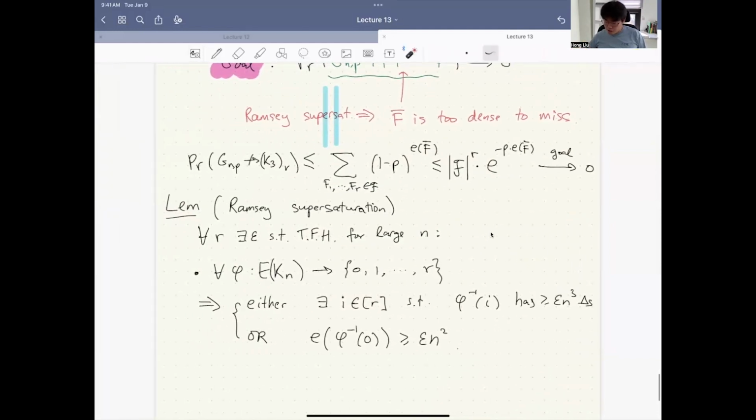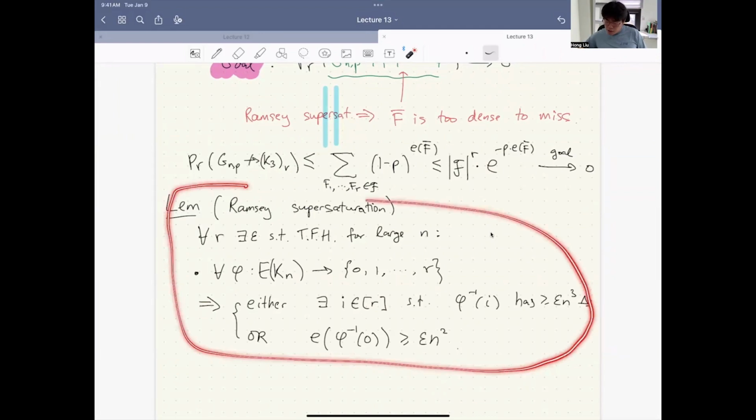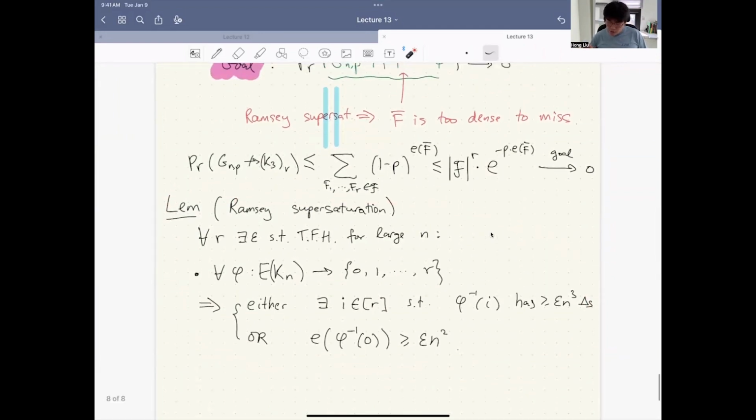What this means is that, now let's try to apply this in our scenario. To apply it, Fi is basically phi inverse of I, and F bar is phi inverse of 0. Okay? What do we know? Each container is almost triangle free. We know Fi cannot have at least epsilon n cubed triangles.